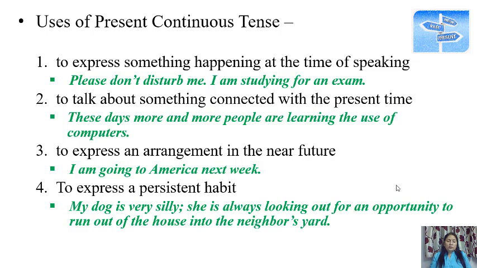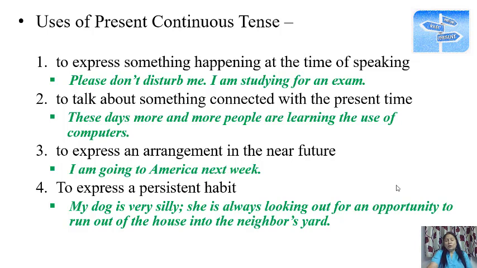So, she is always looking for an opportunity. This is in present continuous. So present continuous is used to express some habit also. Like my mother is always cooking. No, she's not right now, but she's always cooking some new dishes. We can talk about it.